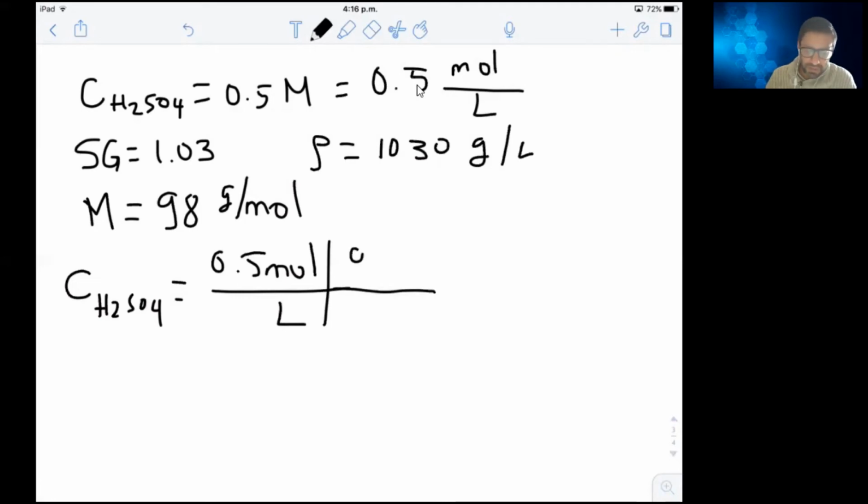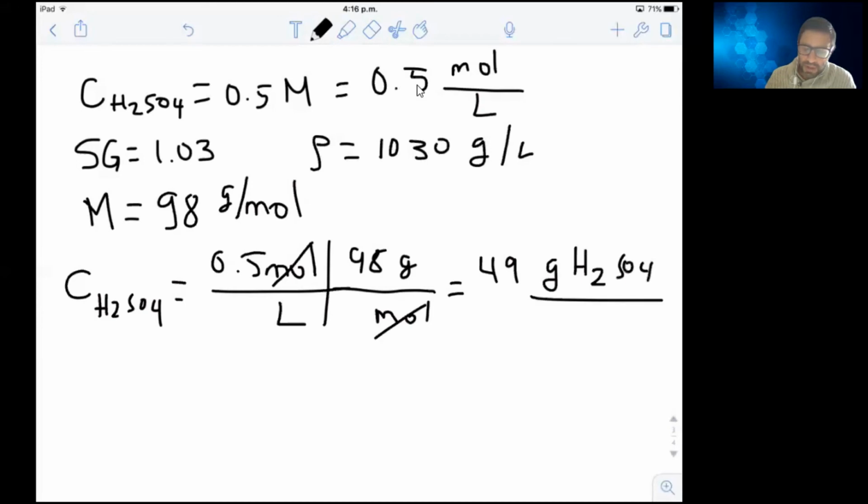So you know that 98 gram is 1 mole. Okay, so this will cancel out, and then you will have 49 grams of H2SO4 per liter of solution, right?